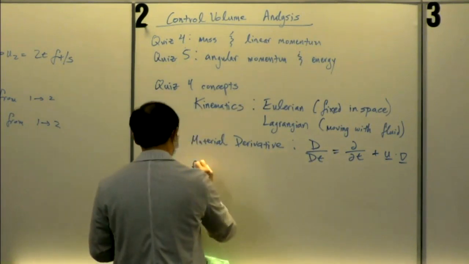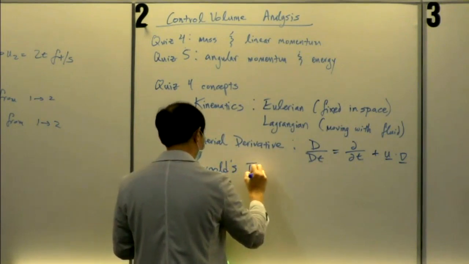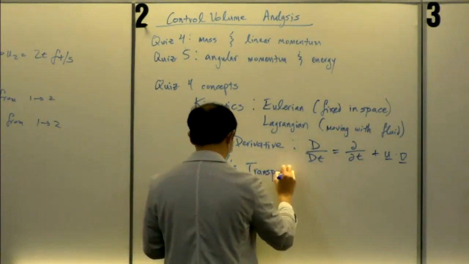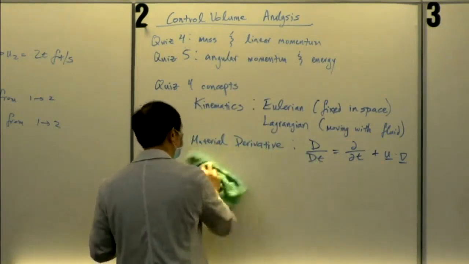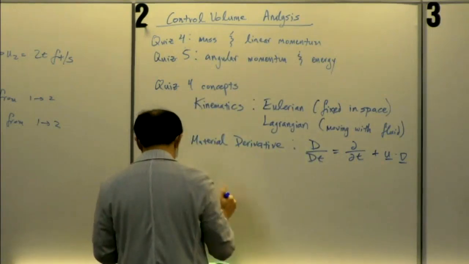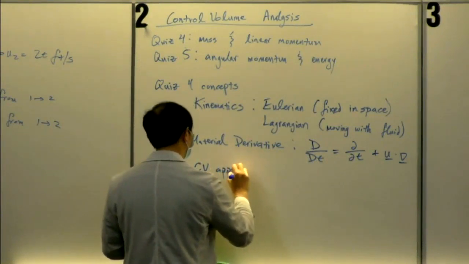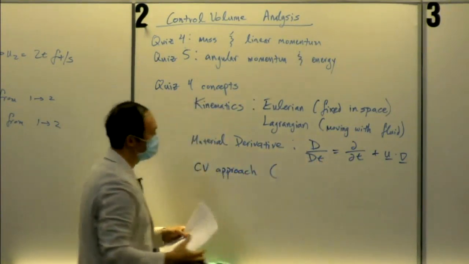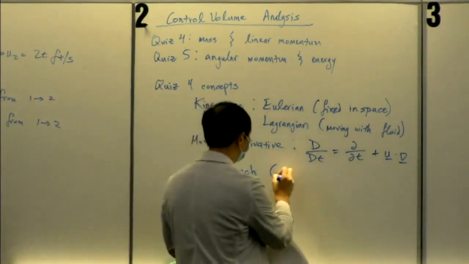All right, Reynolds transport theorem. All right, so those are the sort of definitional things that we have. Now, the control volume approach, you basically have to distinguish between two things, the system and the control volume.